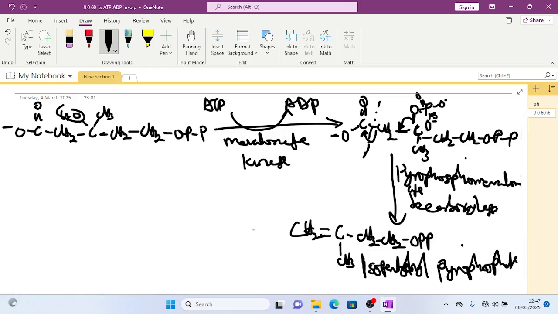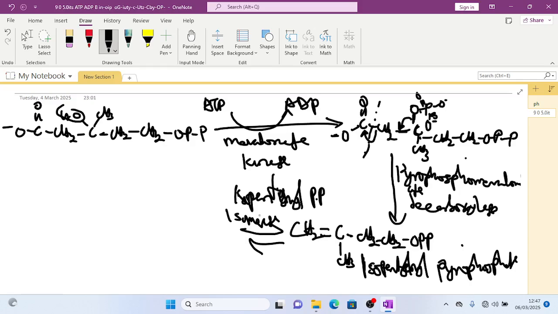This compound isopentenyl pyrophosphate will undergo some form of isomerization reaction. The enzyme catalyzing the isomerization reaction is isopentenyl pyrophosphate isomerase.